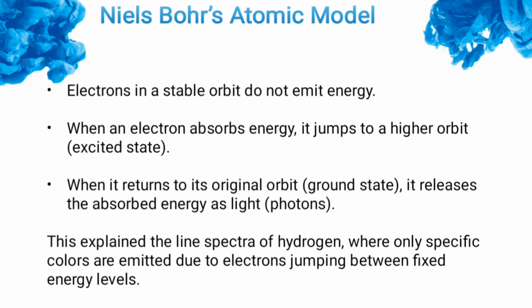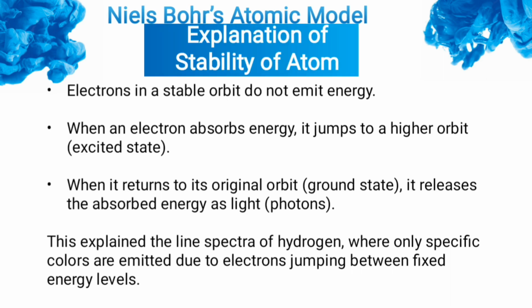Now, my dear student, the explanation of the stability of the atom. Electrons in a stable orbit do not emit energy. When an electron absorbs energy, it jumps to a higher orbit, the excited state.